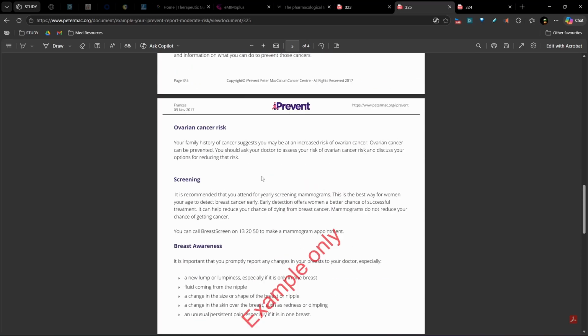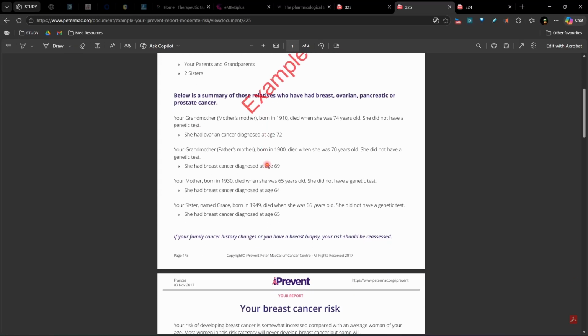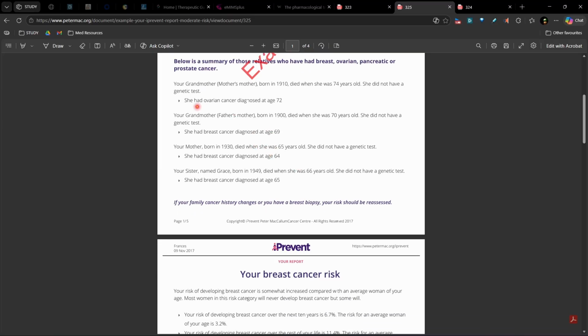This one here is the report for a moderate risk for breast cancer. In this case, it's a 60-year-old postmenopausal lady with quite a significant family history of breast cancer and ovarian cancer. So she has had a maternal grandmother with ovarian cancer, a paternal grandmother with breast cancer at 69.